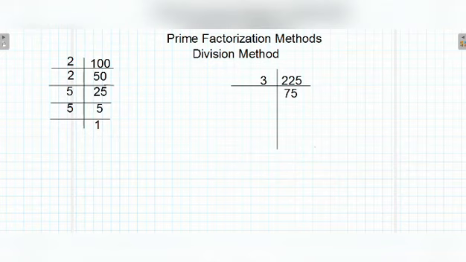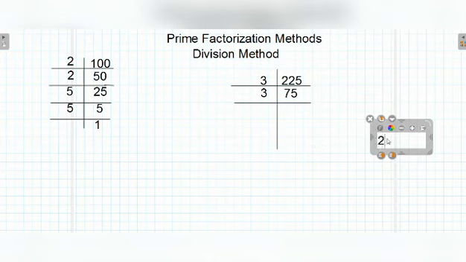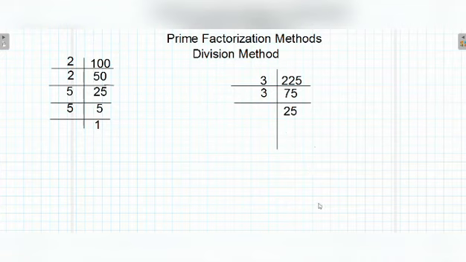So I will choose 3 again. 75 over 3 equals 25. So we will write here 25. 25 is divisible only by the number 5. So write 5. 25 over 5 equals 5.